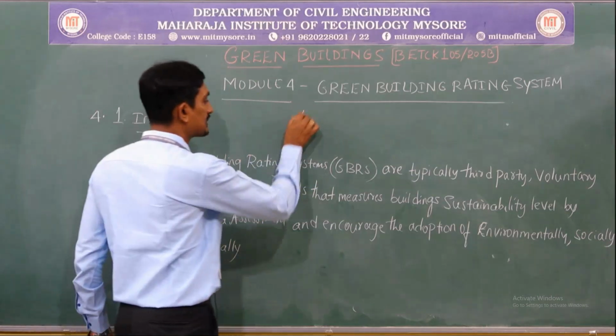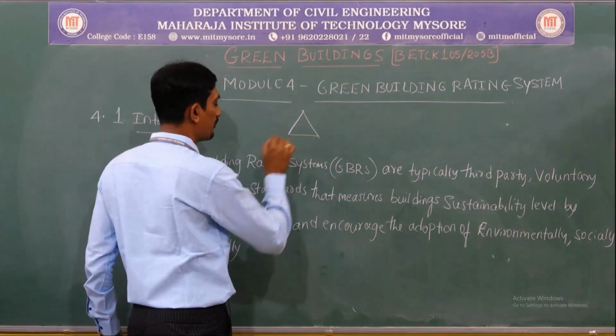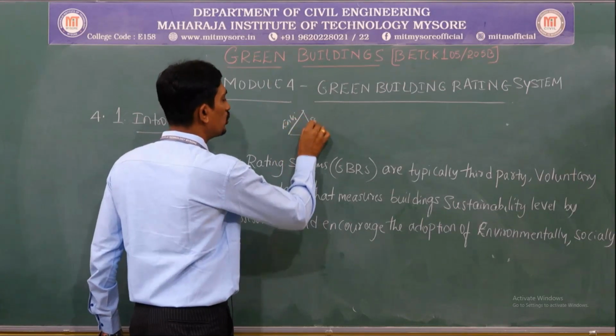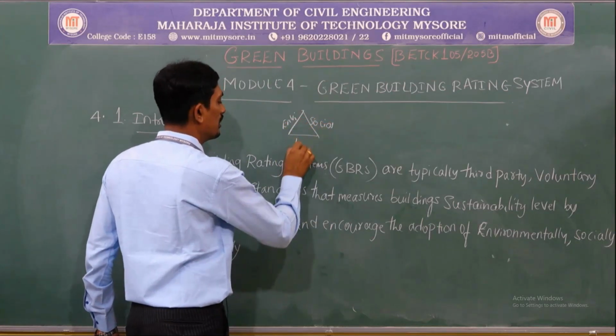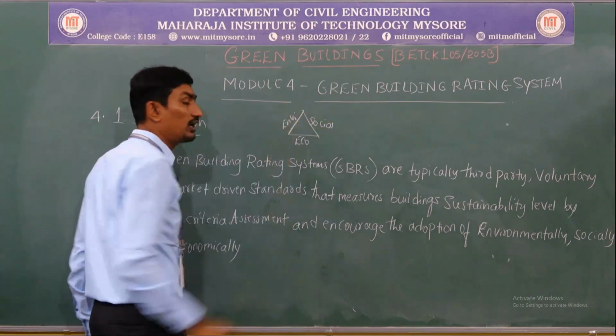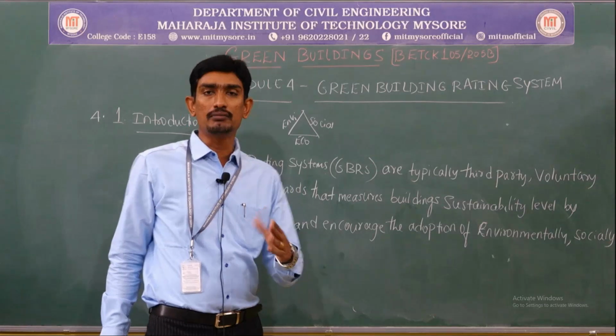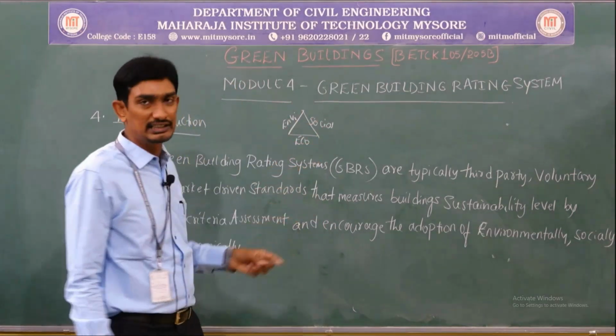In sustainability we need to think of this: environment, social and economical. So all these three are called the triple triangle. When we want to attain a sustainable environment, we need to look at these three aspects.